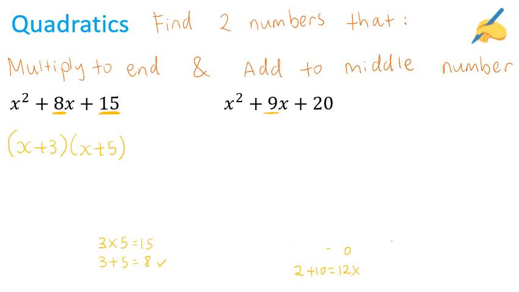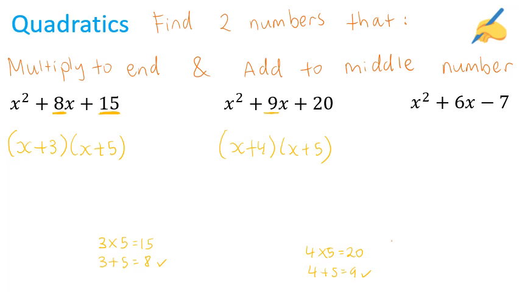So let's try something else. Another number combo that could equal 20 is 4 times 5 equals 20. And 4 plus 5, yep, that equals 9. They're my two numbers. So I just put them in the brackets after the x's. x plus 4, x plus 5.